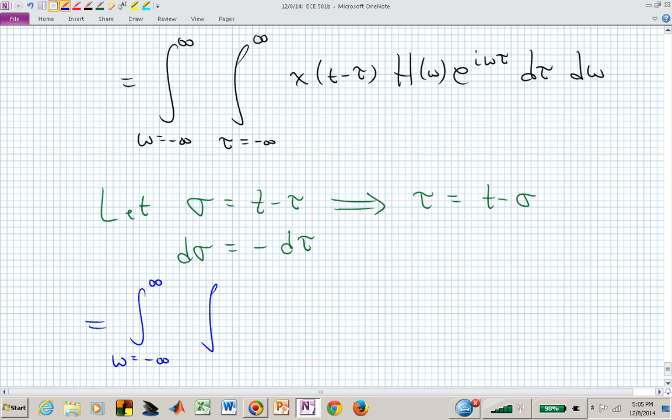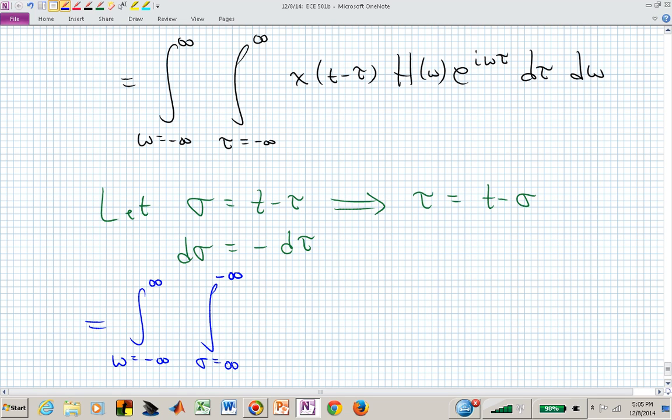So when tau is minus infinity, what is sigma? If tau is going from minus infinity, but sigma is now minus tau, so this is now sigma going from infinity to minus infinity.